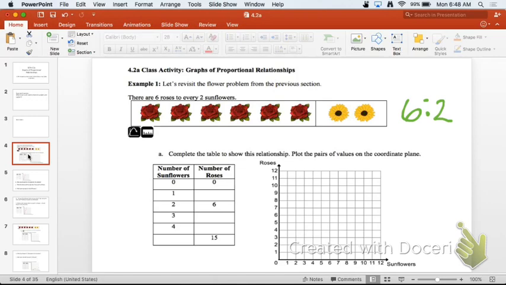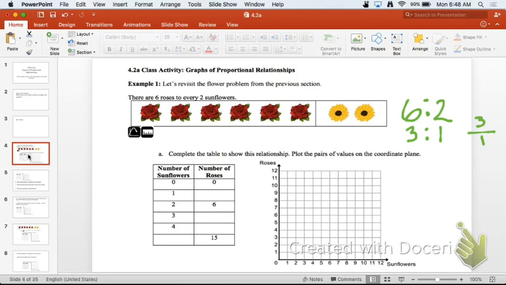But what is my unit rate? When I talk about unit rate, remember that second number needs to be 1, or if I'm turning it into a fraction, my bottom number needs to be 1. So I type in my calculator 6 divided by 2, and that gives me 3. So my unit rate is 3 roses to every 1 sunflower.